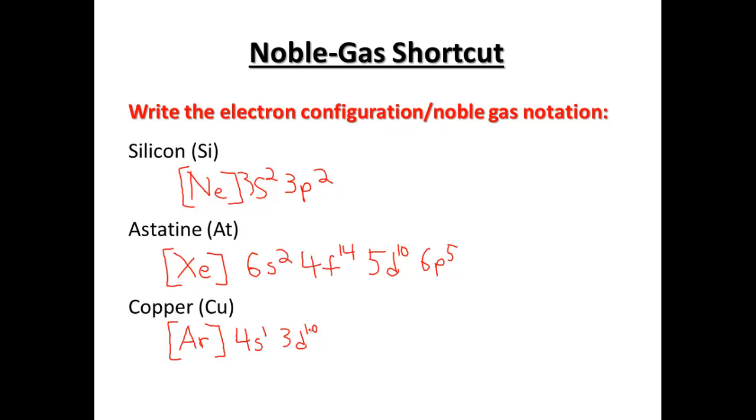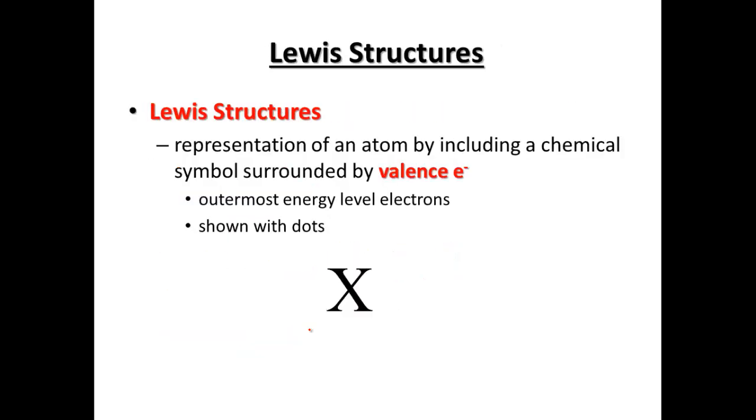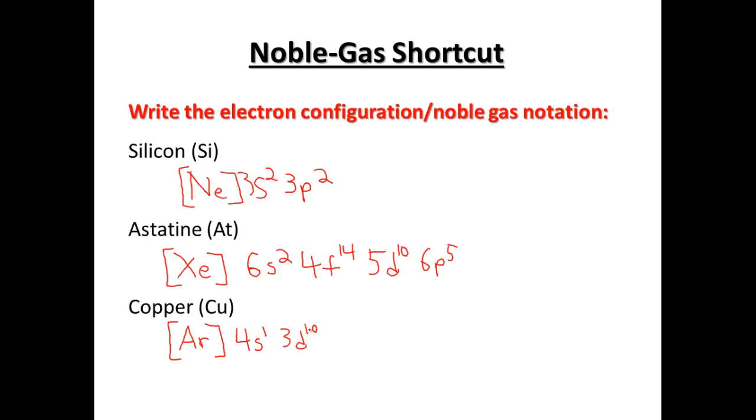So that's the noble gas shortcut, the shorthand way to write our electron configurations. Last up, just a little reminder from last section, our Lewis structures. Remember, Lewis structures just show the outermost electrons. So the outermost electrons for silicon are 3s2, 3p2, both from the third energy level. So 1, 2, 3, 4 outer electrons.